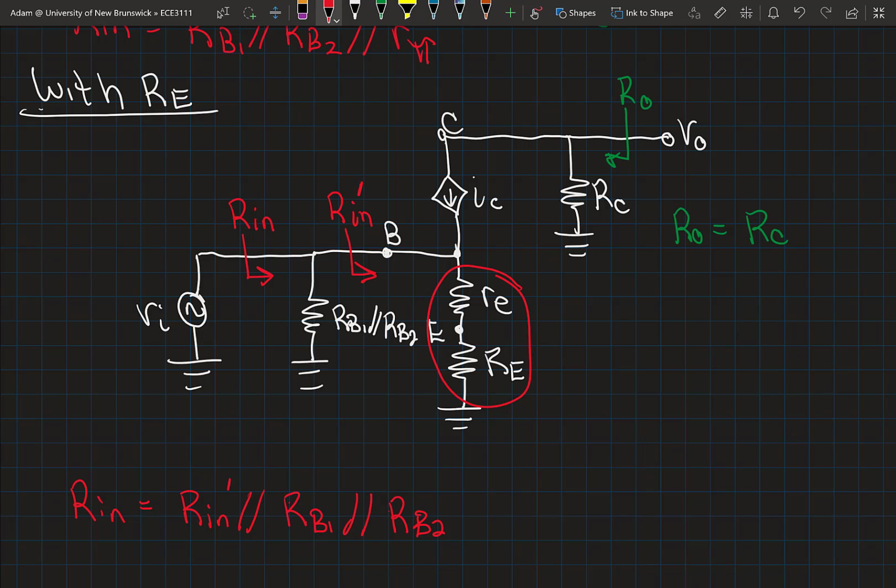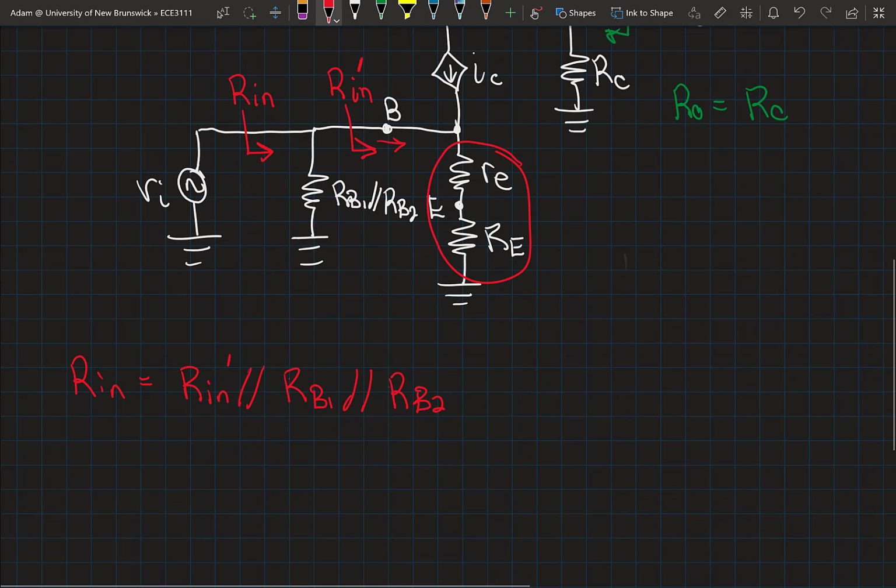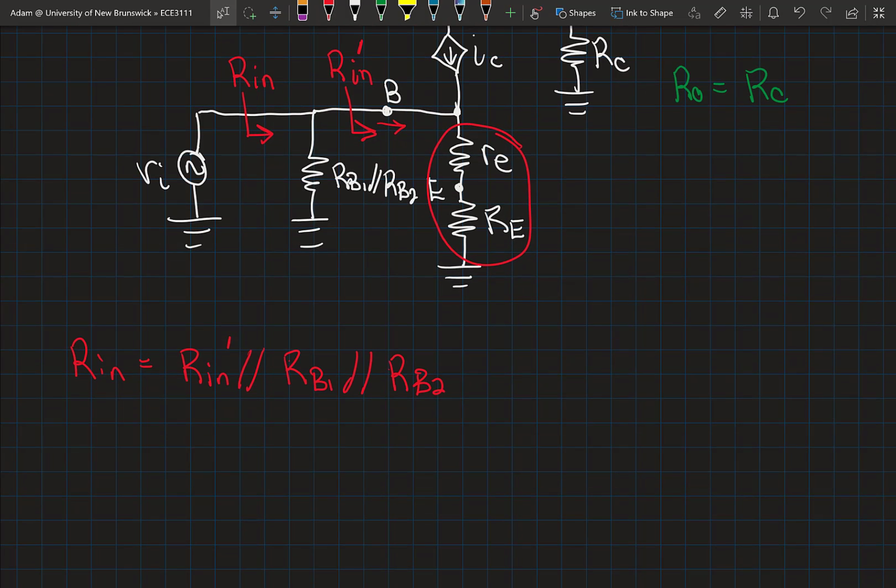The problem is, from our perspective, the current flowing in from the point we're looking at, the base, is base current, but it's emitter current flowing through those resistors. So we have to account for that when we assess the resistance here. Let's look at how we can assess this input resistance at the base, Rin prime.